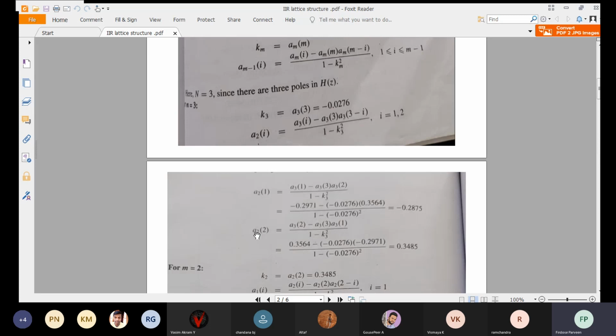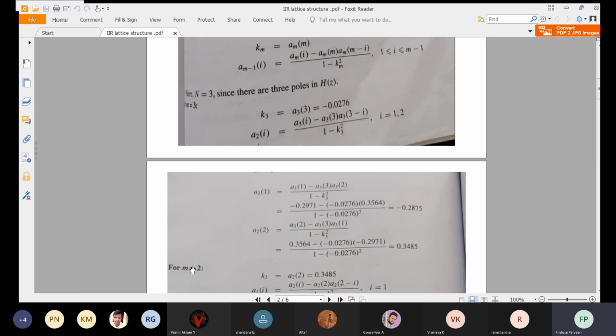Calculate for i equal to 2: A2(2) is equal to (A3(2) - A3(3) * A3(1)) / (1 - K3^2). Substitute for this and you will be getting this value.